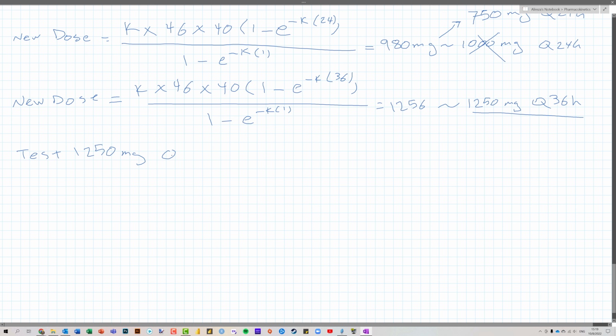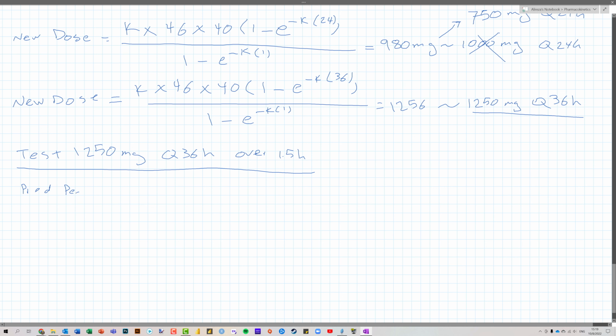So test 1250 milligram every 36 hours, and this will be over 1.5 hours. We're going to test this to see what we get for our predicted peak and trough.